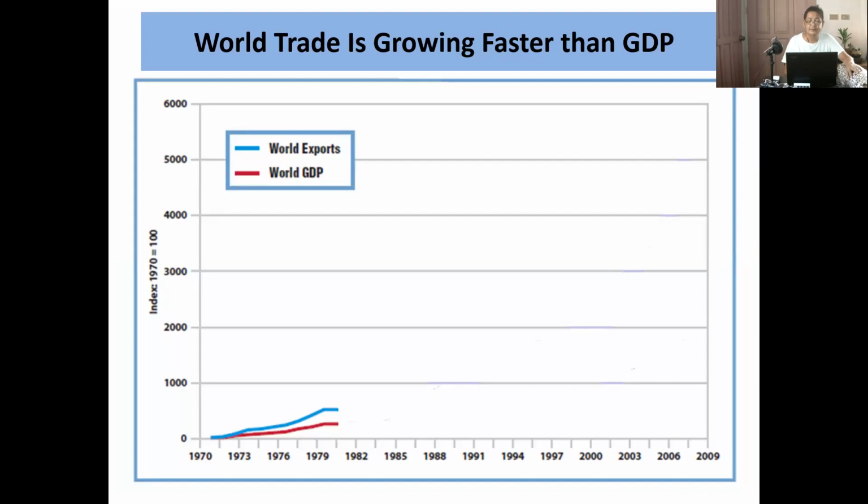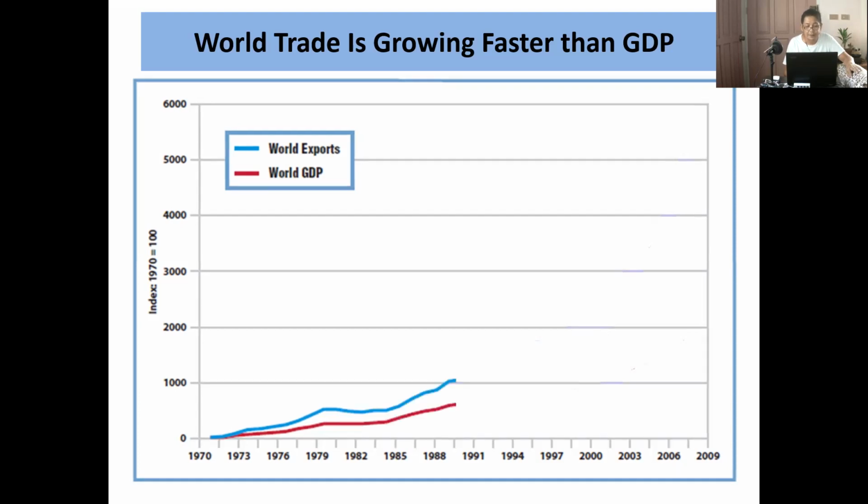World trade is growing faster than GDP. Tingnan natin. World exports here in 1979, yung kulay blue, the blue line represents the exports. And then the world gross domestic product, nagpapare-pareho lang in 1979.